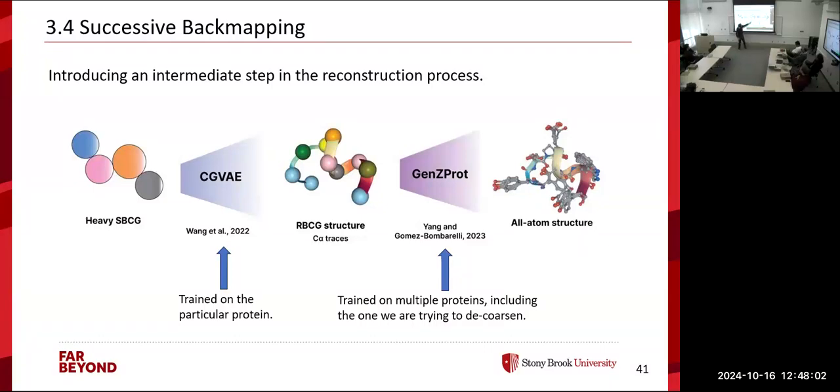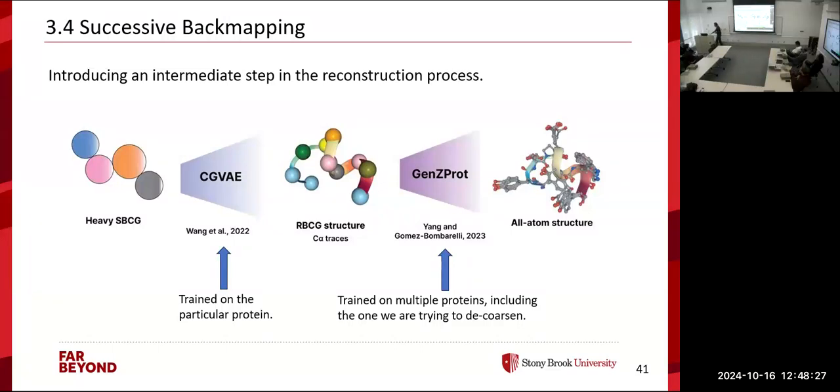And then we're going to fine-tune a model similar to Gen-Z prop so that it can also reconstruct these structures from their alpha carbon traces all the way to the all-atom structure. So we introduce an intermediate step. Instead of doing it in one step, we're going to do it in 2 steps.